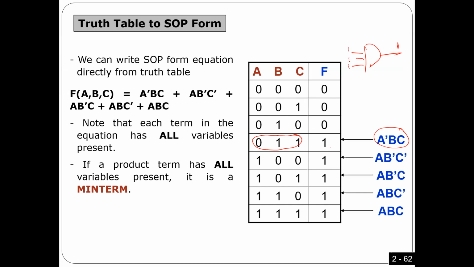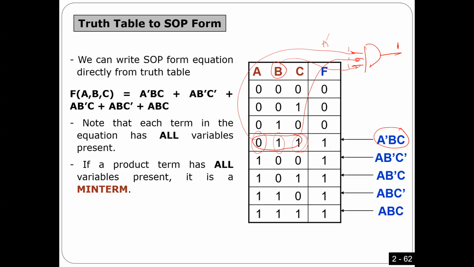So B, you are 1, you are welcome to enter. C, you are 1, you are welcome to enter. A is 0, so I'm going to input the complement of A. You got what I'm saying? So the term is going to be A prime BC, so that all of them become 1.